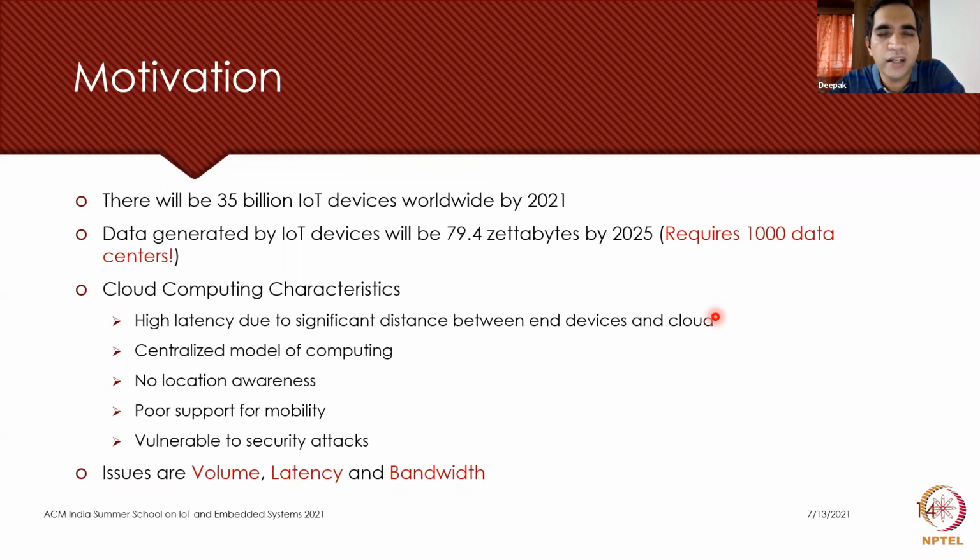But one thing that happens because of having these end nodes is that things are more distributed, so it's easier to handle the security issues, rather than things being centralized at one location.